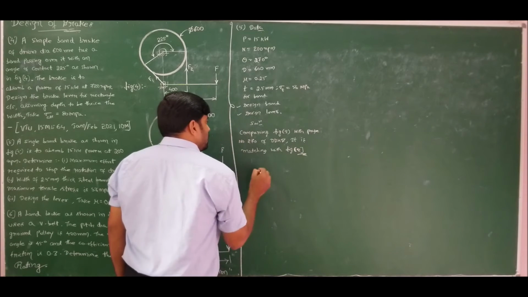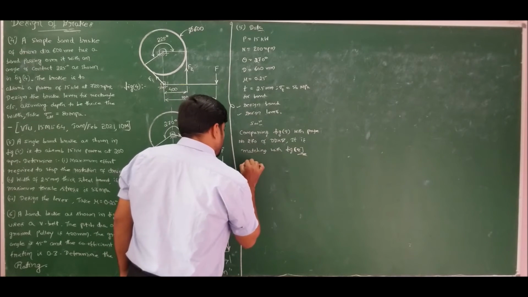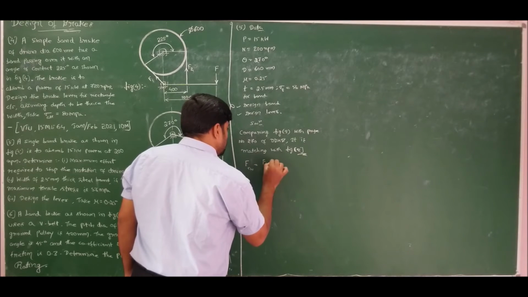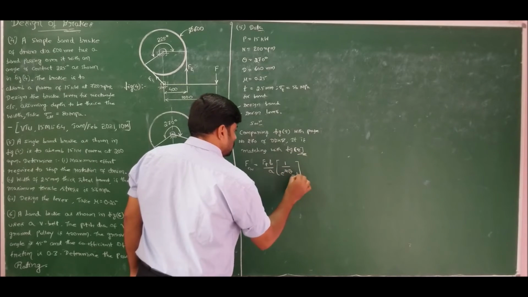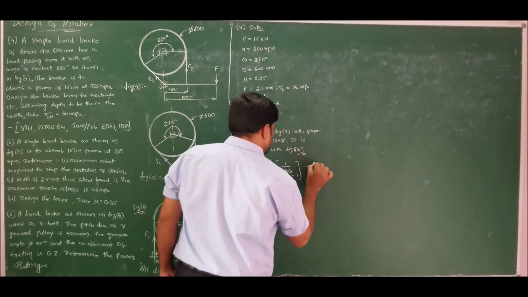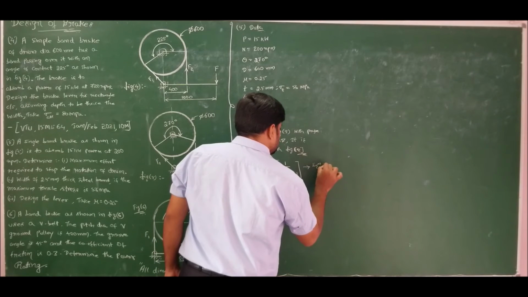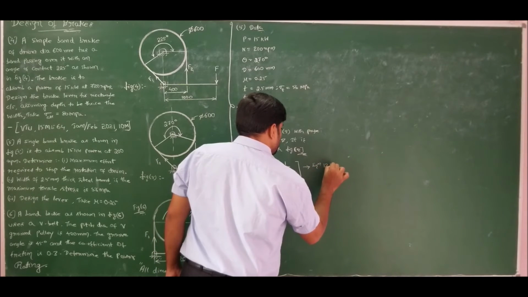From figure E of page number 270, the actuating force for clockwise rotation is given by Ft into b by a times 1 by e to the power of mu theta minus 1. This is equation number 13.19c.